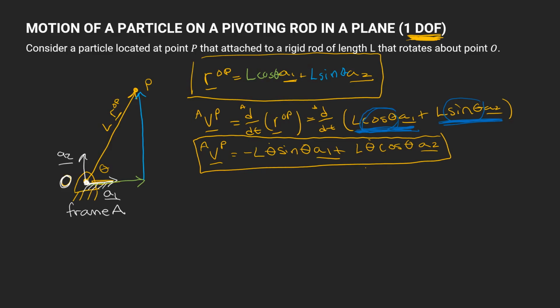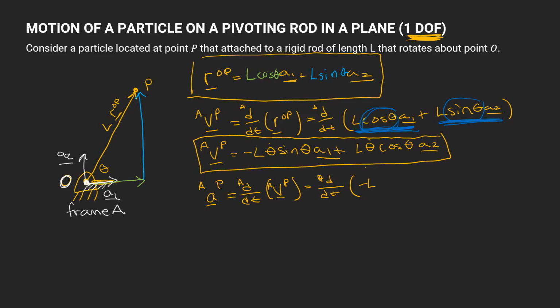And next we're going to solve for the acceleration. So again, little a of point P in frame A. Acceleration is the time derivative of the velocity vector in frame A. And we are just going to write that out again for completeness.